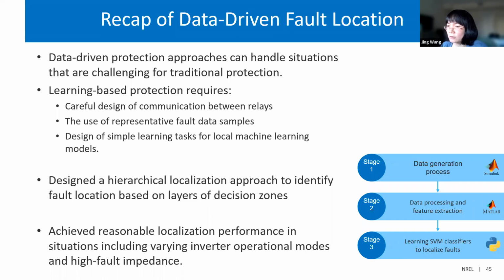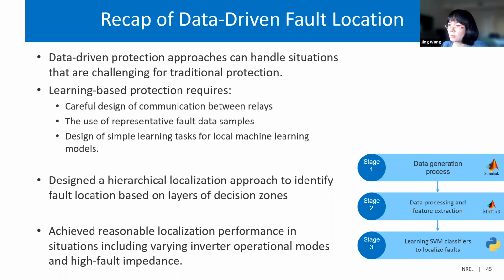We also need to design simple learning tasks for each machine learning model so that it can respond faster and have faster detection. The hierarchical localization approach to identify fault location is a very good approach to follow. And we have achieved very good performance with different scenarios and the high impedance fault as well. So I think this is a good direction to go.